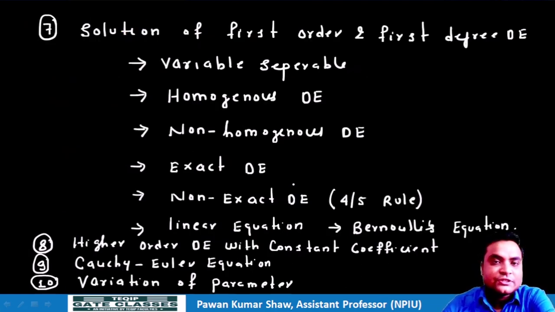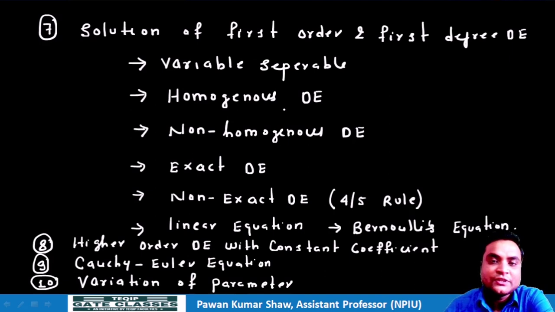So in this lecture we are going to start with the solution of first order and first degree differential equation. There are various methods: the variable separable method, the homogeneous differential equation of first order, then non-homogeneous differential equation, then exact differential equation, then non-exact differential equation, and then the linear equation and the Bernoulli's equation.